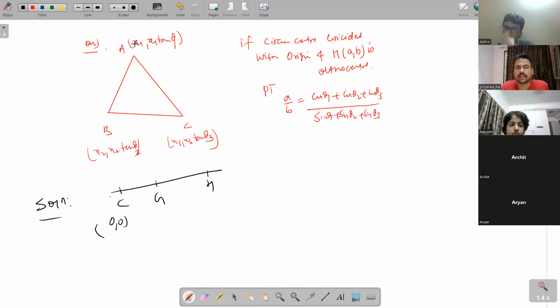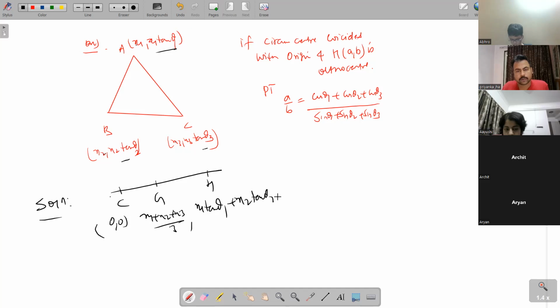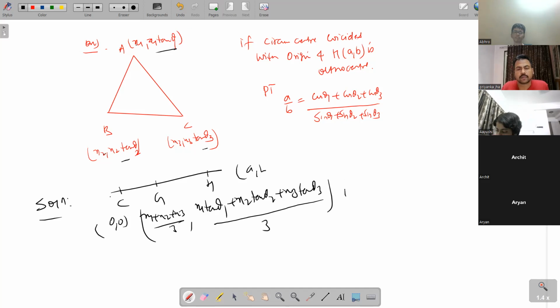Centroid you can very easily find: (x1 plus x2 plus x3) by 3 and (y1 plus y2 plus y3) by 3. And orthocenter is given, that is (A, B). And you know that centroid divides the line joining circumcenter and orthocenter into 1:2 ratio.